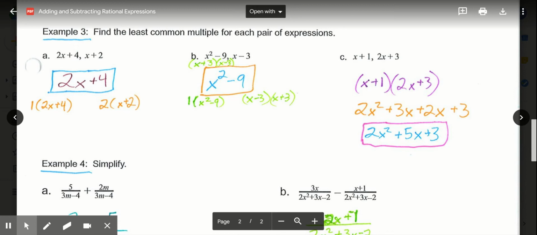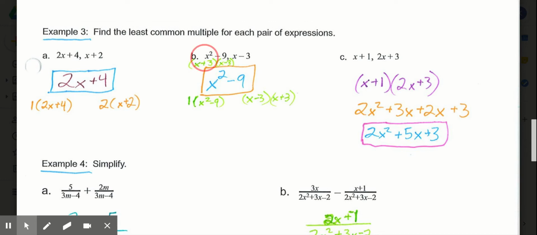In B, what I'd advise doing is if we have x squared minus 9 as one of our pieces and x minus 3 as the other. X squared minus 9 is the same thing as x plus 3, x minus 3. So in that case, that gives us a big hint toward the common multiple.